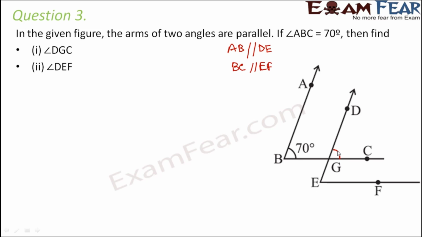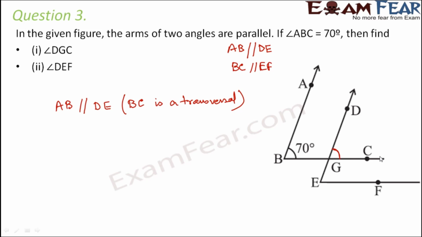So DGC would be this angle. Now when you want to find angle DGC, here you just focus on this part of the image, which shows that AB is parallel to DE and BC acts as a transversal.